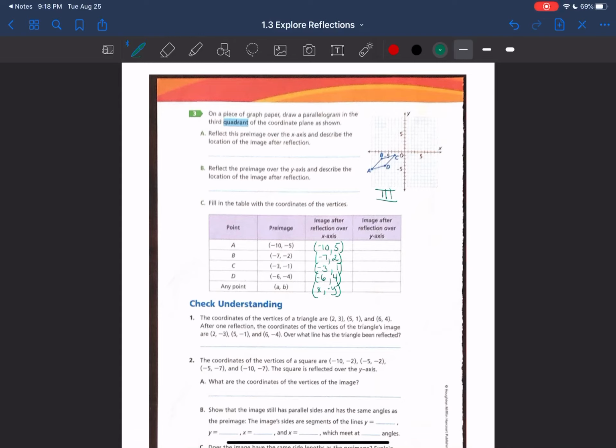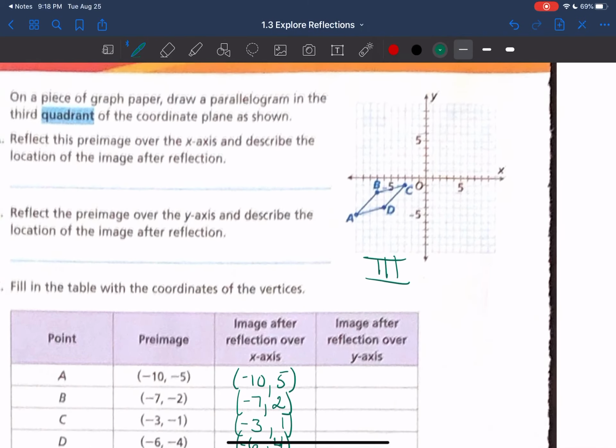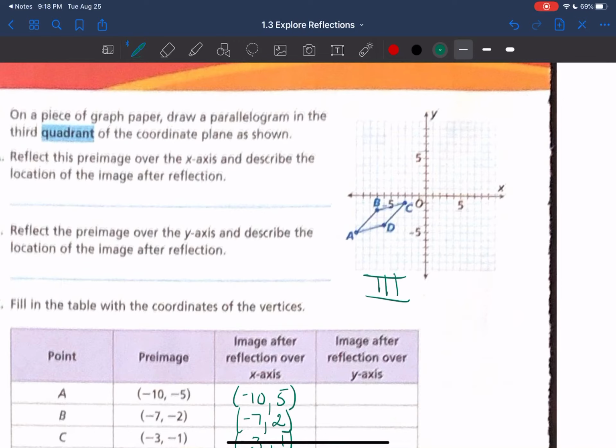Let's go ahead and plot that point and see where its location is now. If I go to -10, 5, -10 out here, 5, about right there. That's going to be A prime. B prime is going to be at -7, 2.